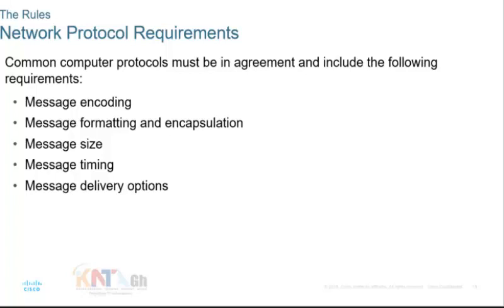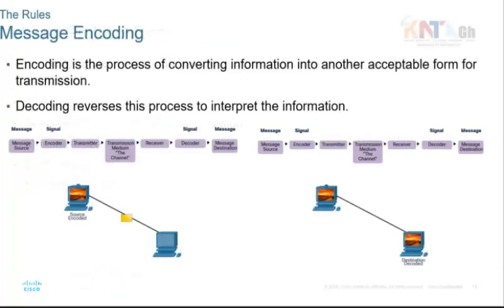There must be message encoding. There must be message formatting and encapsulation. There must be message size. There must be required message timing. And then there must also be message delivery options. What is message encoding? This is the process of converting information into another acceptable form for transmission.